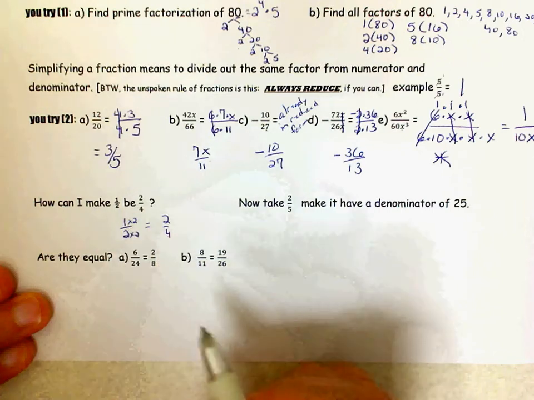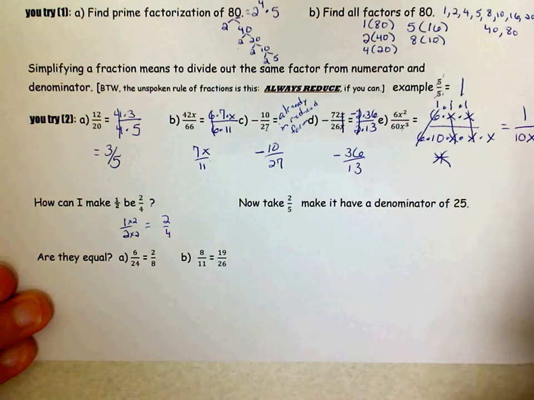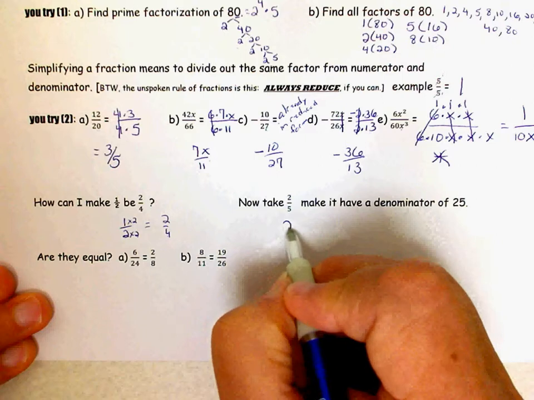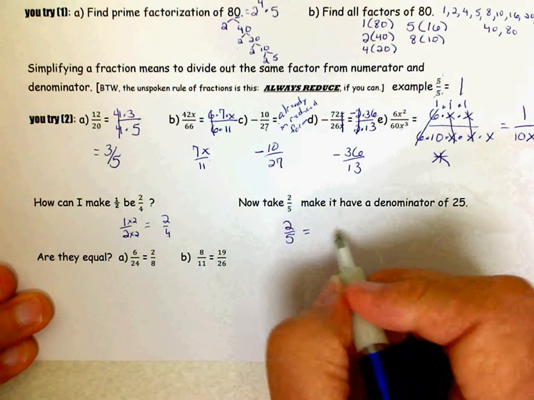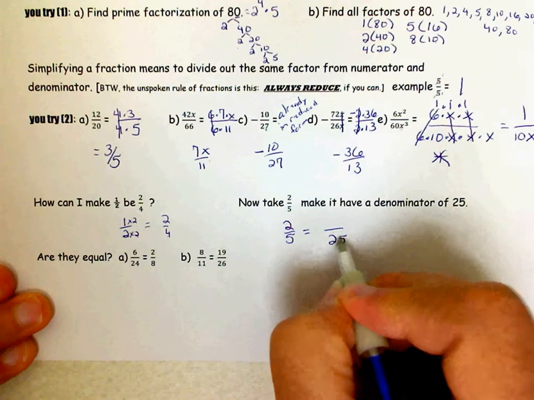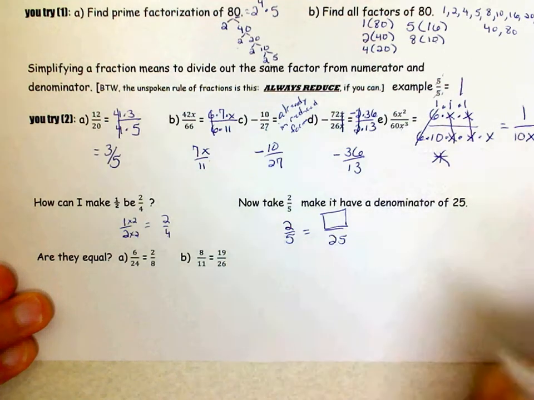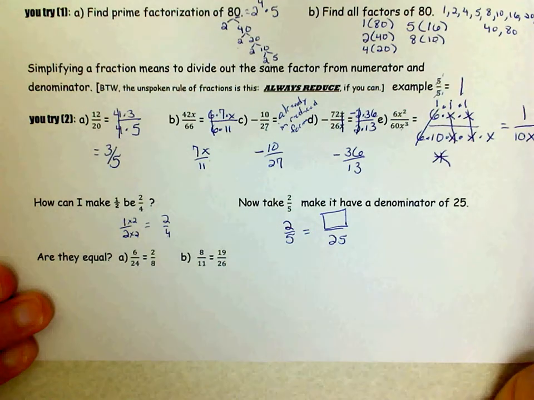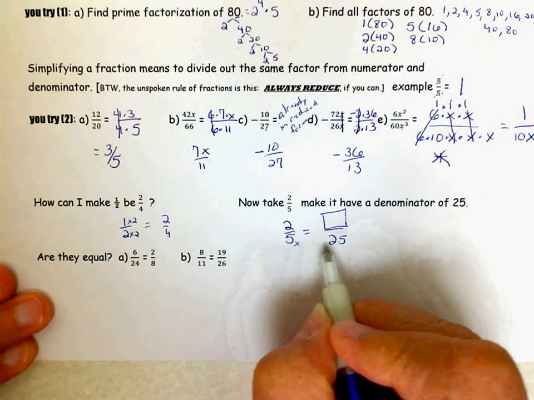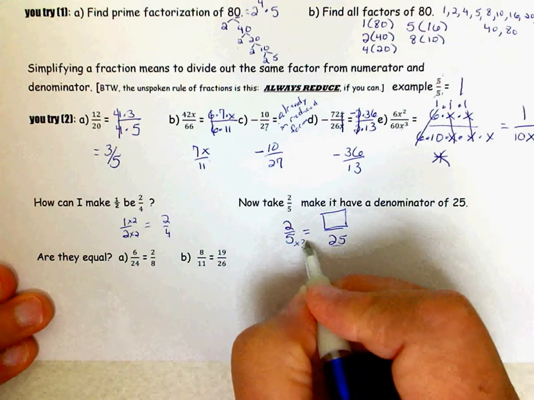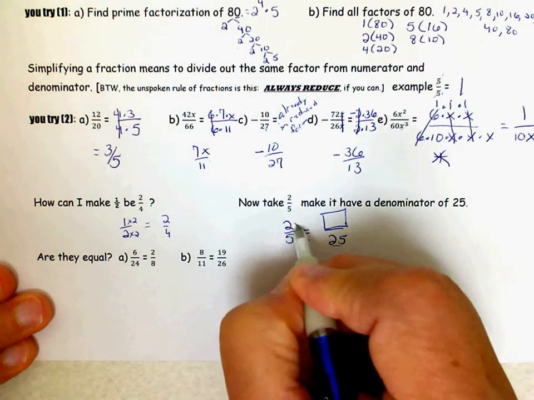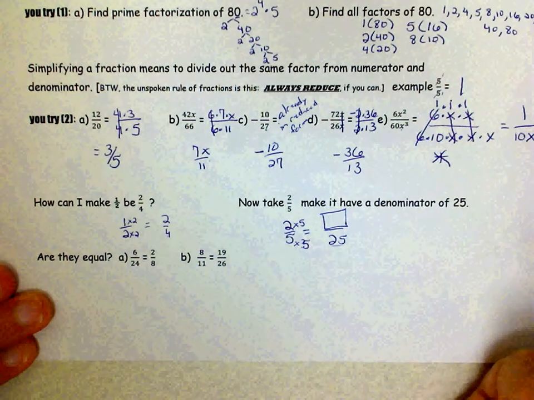Alright? So we want to take 2 over 5 and make it have a denominator of 25. So I need to find what goes in the numerator. Well, 5 times what gets me 25. If you said 5, that's right. So that gives me 2 times 5 for the numerator.